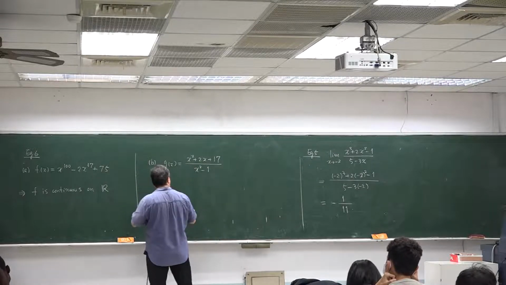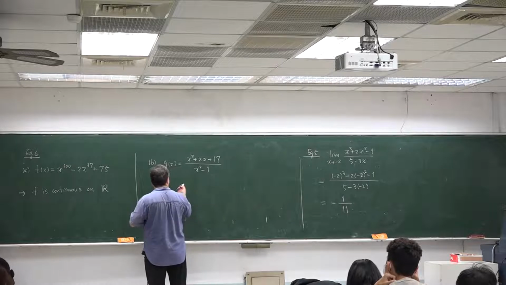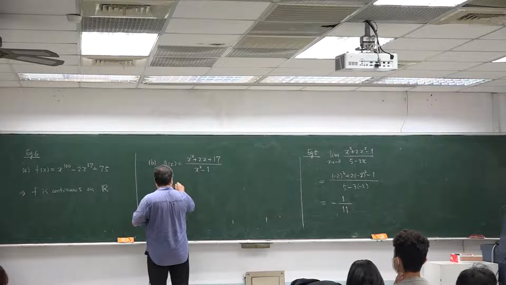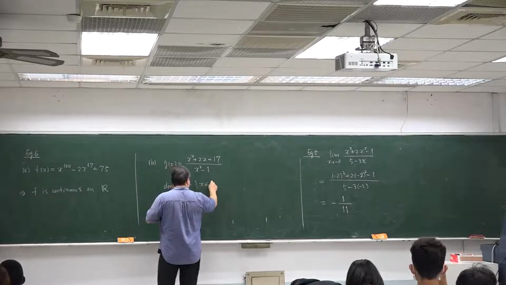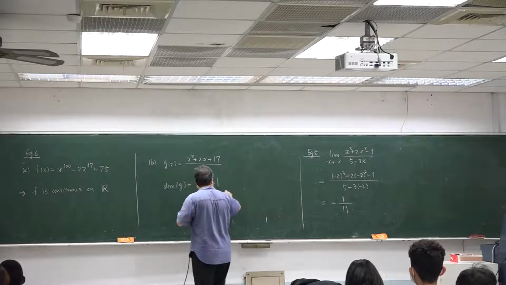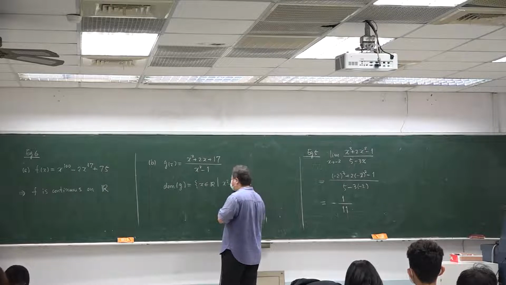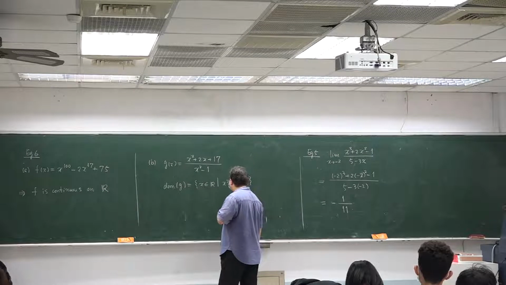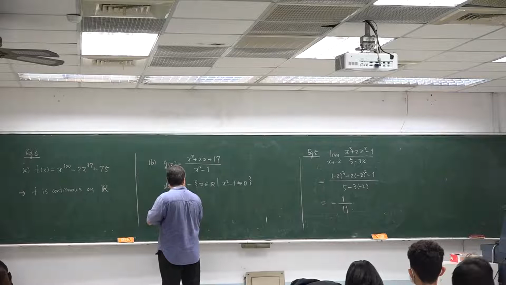Okay, here, the domain of the function g is the set of all real numbers such that x squared minus 1 is not equal to 0.